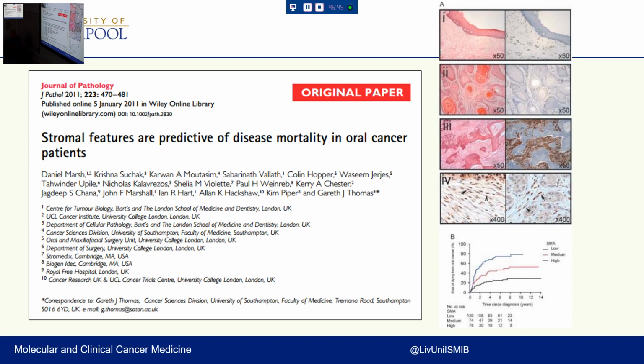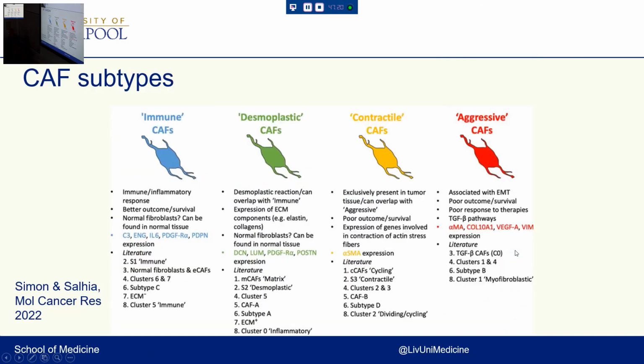So this is a very simple test of something in the tumour microenvironment that is very profoundly associated with poor prognosis. If you have a lot of these activated fibroblasts, SMA high, your survival is only about 20%. If you are SMA low, that means you've not got a profoundly myofibroblastic tumour microenvironment in your oral cavity cancer, then your survival, and we're talking about out to 10 years here, is 80%. And so you can see just how much of the outcome is related to the microenvironment.